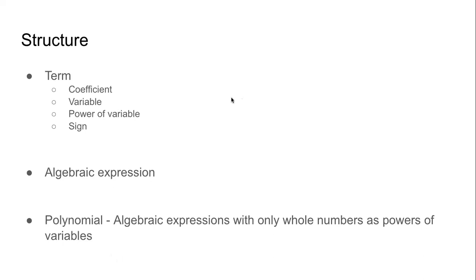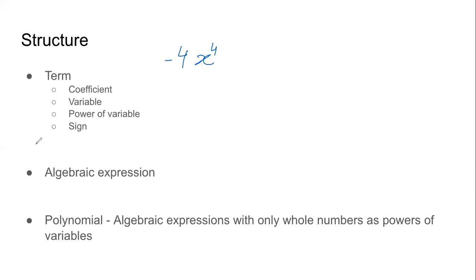For example, suppose the variable is x, and with that x, we have a number. Suppose the power of x is 4, and suppose the sign for this term is minus.